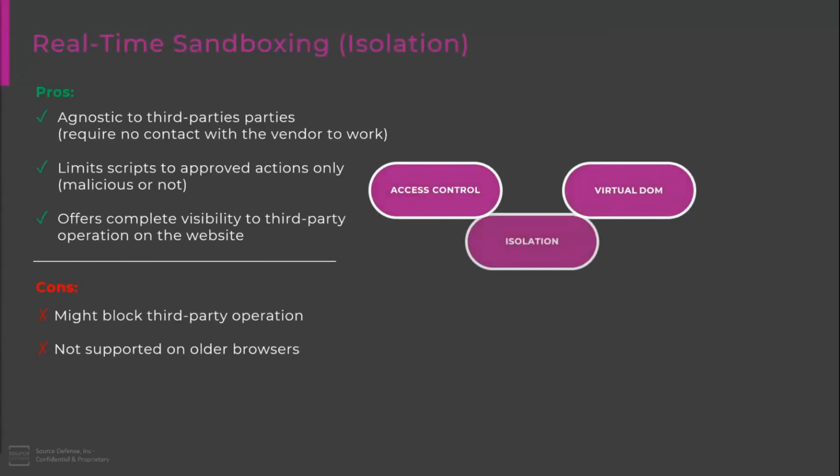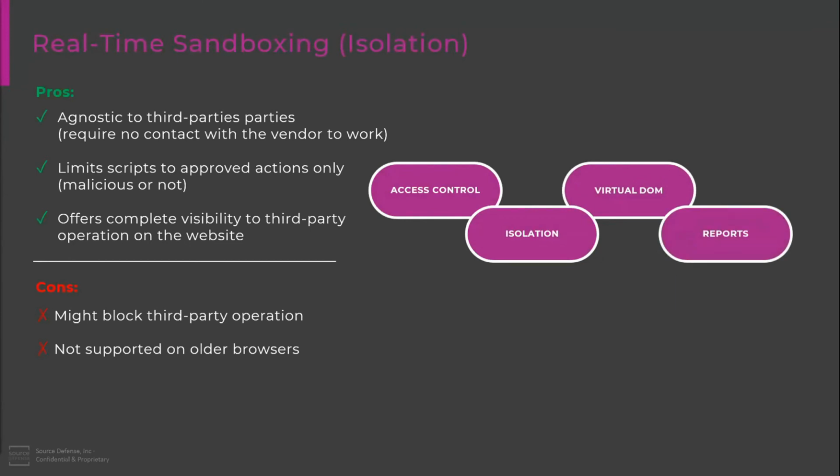The last one that we will talk about is real-time sandboxing or isolation techniques. Real-time sandboxing is agnostic to third parties. So it requires no contact with the vendor. It works for third and fourth and fifth and down the line parties. It allows for approved actions only, whether they're malicious or not.